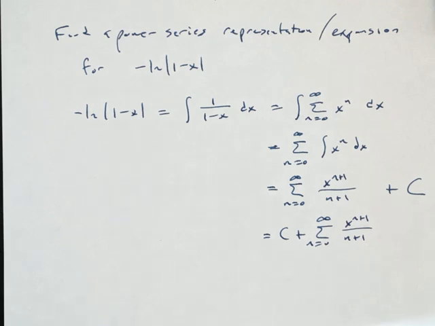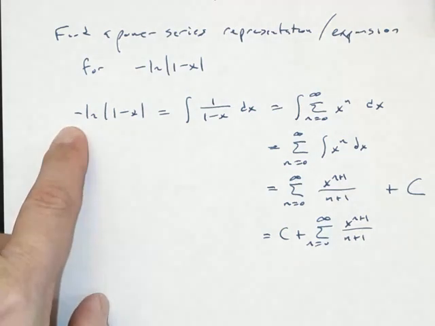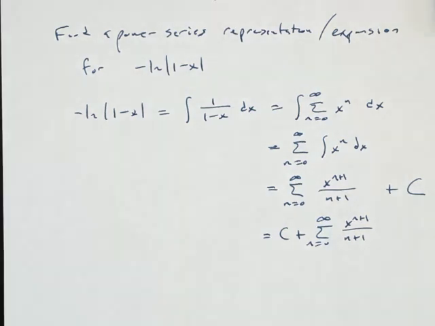I have one more problem. What's the value of c? It doesn't say, does it? But this power series should match this function. Somebody give me a value for x that's in my interval of convergence.